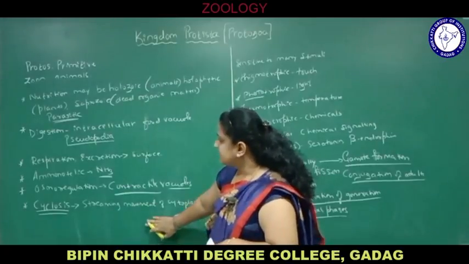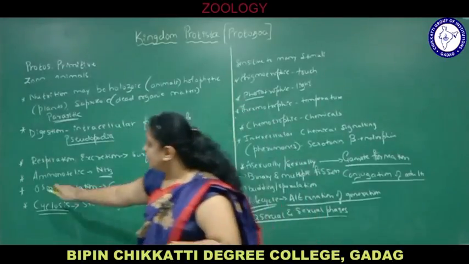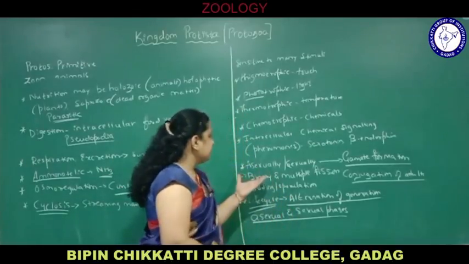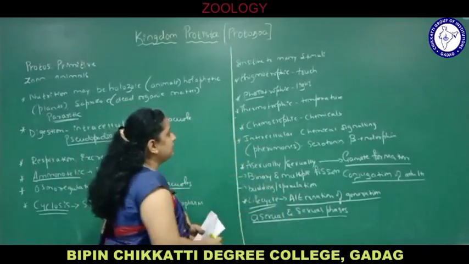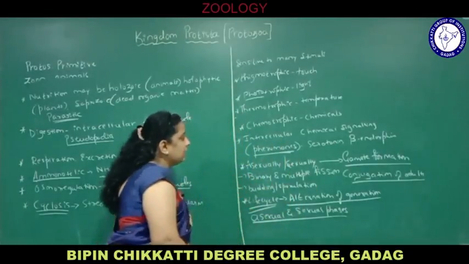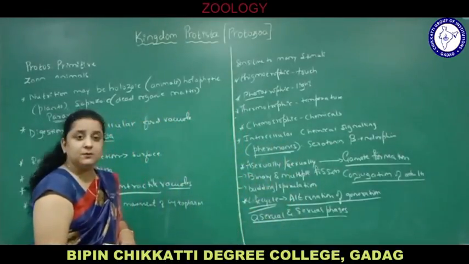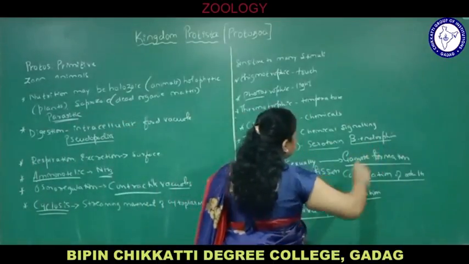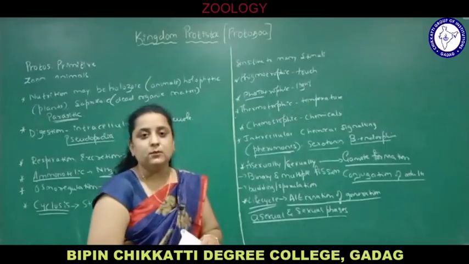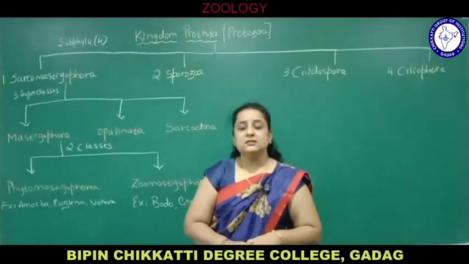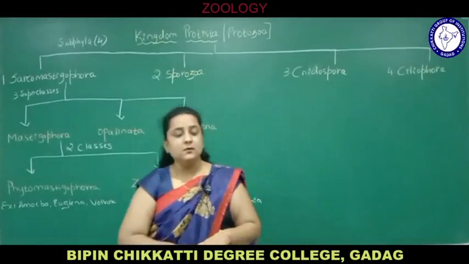Then cyclosis, osmoregulation, most important, ammonotelic, and reproduction is by asexual and sexual, and they have another important function called intercellular chemical signaling by releasing pheromones which contain chemicals called serotonin and beta endorphin. If they ask you to write the general characters of phylum Protozoa, then you have to write all these characters in detail.